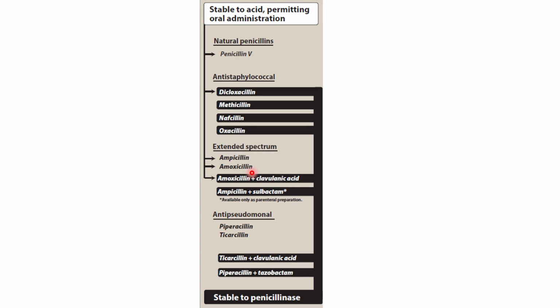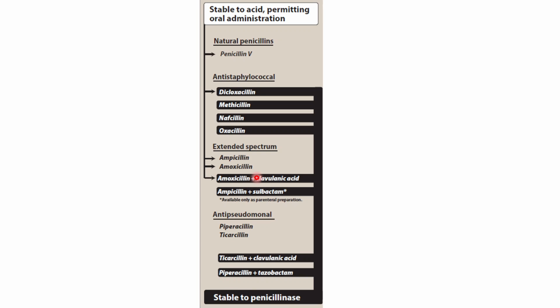Clavulanic acid is a beta-lactamase inhibitor, and penicillinase is a type of beta-lactamase, so a subtype. So amoxicillin plus clavulanic acid and ampicillin plus sulbactam, and also the anti-pseudomonal ticarcillin and piperacillin have combinations with the beta-lactamase inhibitors. So this makes them stable to penicillinase.